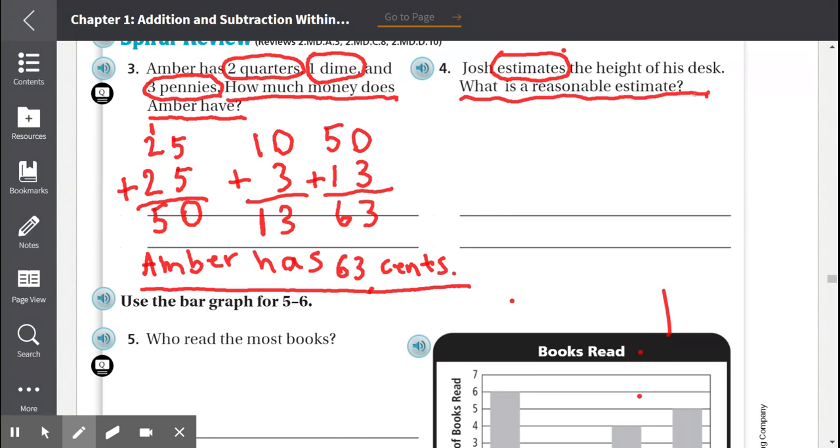So, an estimate is a guess. It's not the exact number. So, we want to figure out what is the height of his desk. A reasonable height for a desk would be about 2 feet. So, we can write 2 feet.